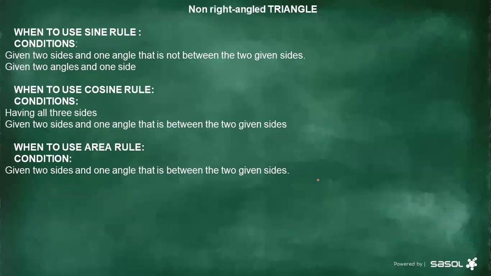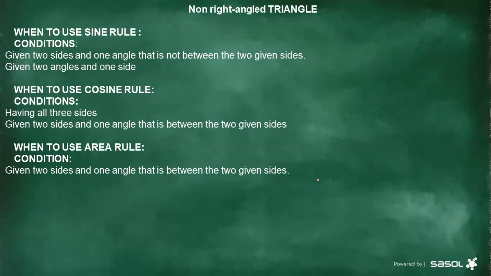All right, now let us deal with the conditions, because there are conditions before we can use the sine rule, before we can use the cosine rule, before we can calculate the area. You need to first learn these conditions, because you will have a 3D diagram where you need to calculate a side.